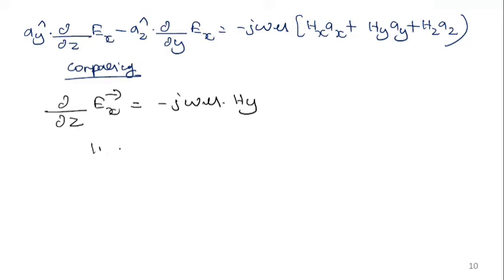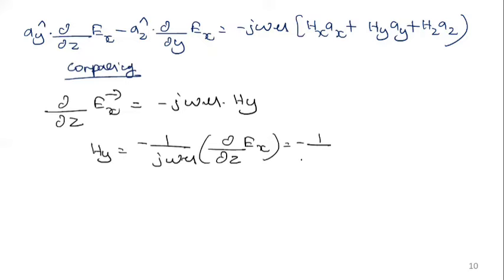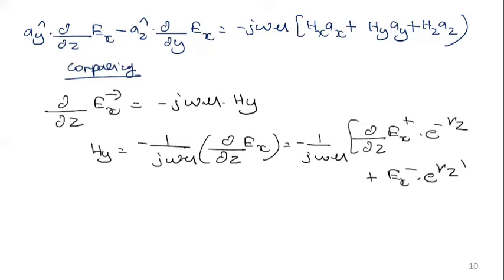So Hy can be written as Hy is equal to minus 1 by j omega mu into dou by dou z of Ex, which is equal to minus 1 by j omega mu into dou by dou z of Ex plus into e raised to minus gamma z plus Ex minus into e raised to gamma z.